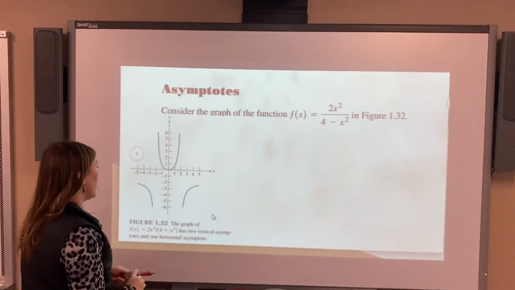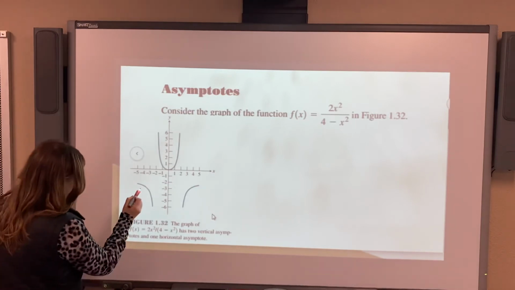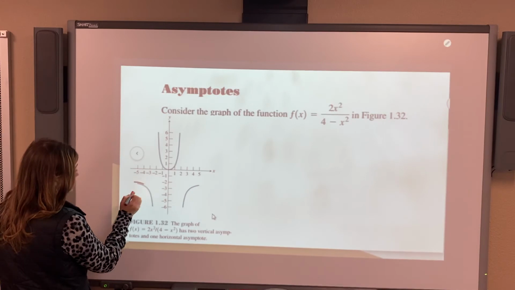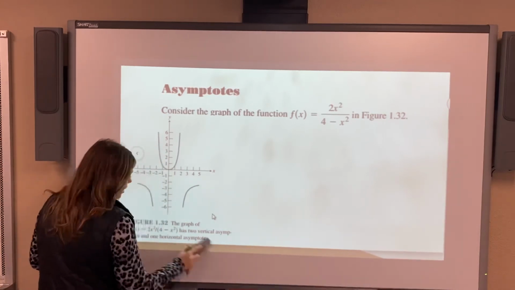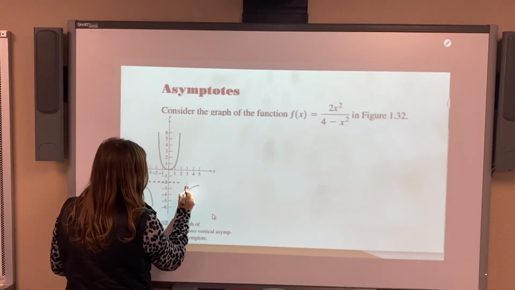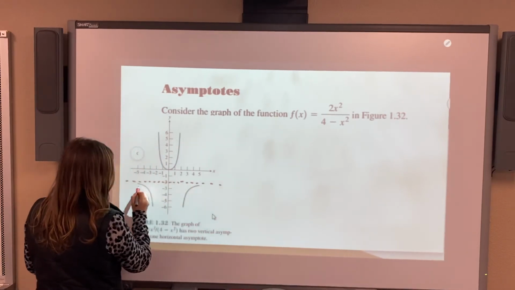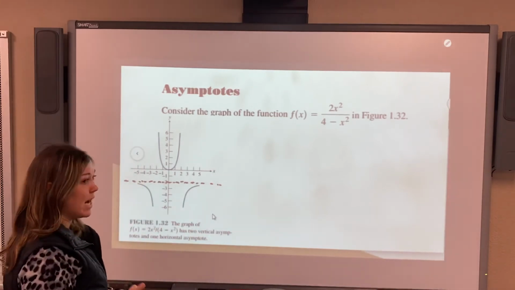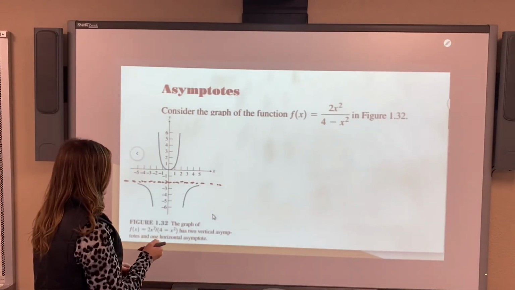If you see it gradually approaching, that means it's gradually approaching an asymptote. If we drew a horizontal line, it would be at -2. So this has a horizontal asymptote at -2.